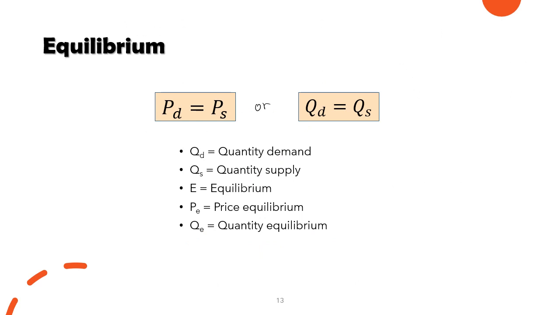Next, to have market balance or equilibrium, we have to set the price of demand and the price of supply to be the same, and also the quantity of demand and the quantity of supply to be the same. So you can choose PD equal to PS, or QD equal to QS.